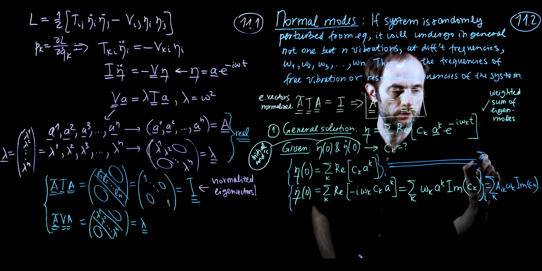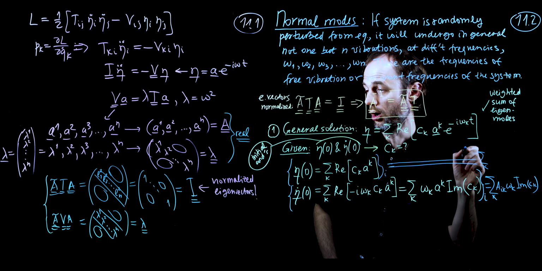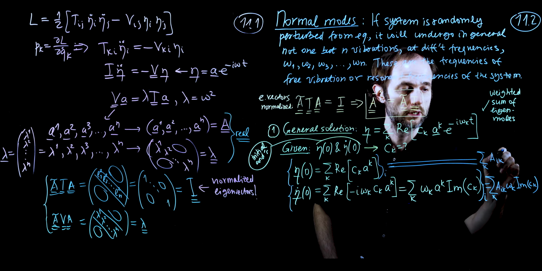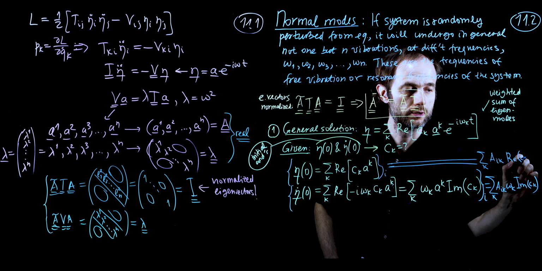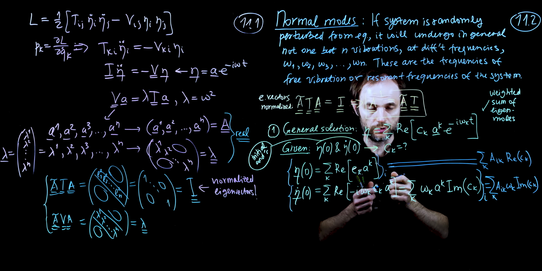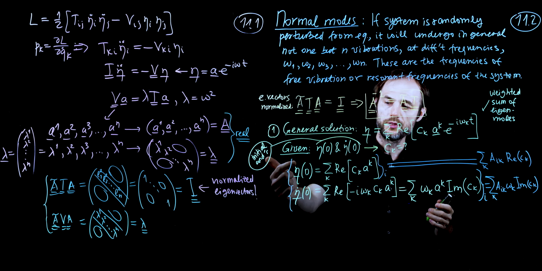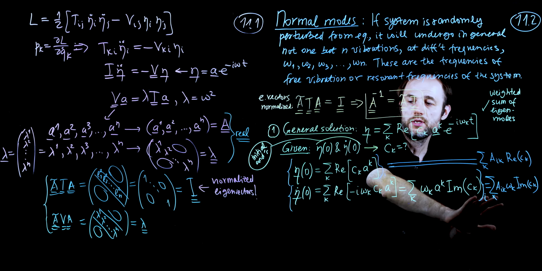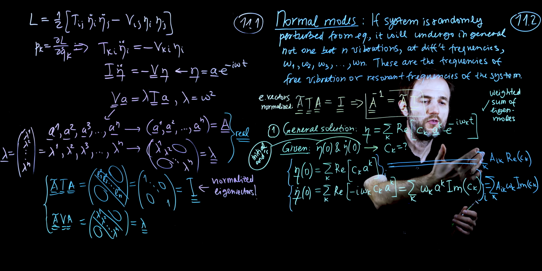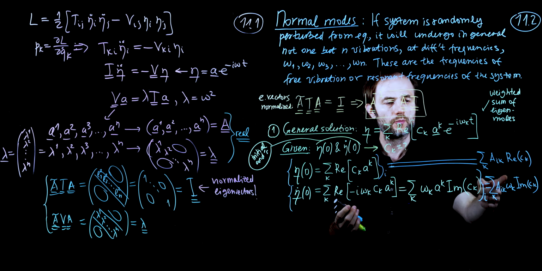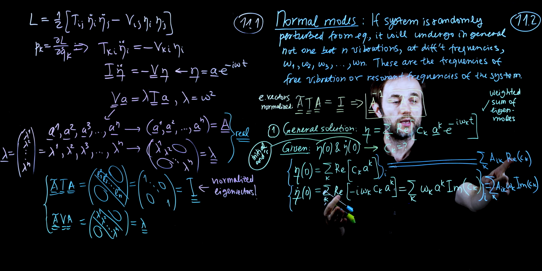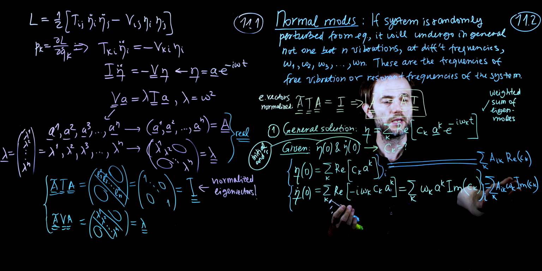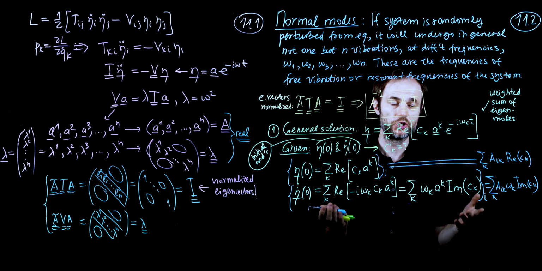This is going to be equal to the sum over k of a_ik times the real part of c_k. So you can see that the coordinate itself and the derivative of the coordinate itself look very similar. It's just that one of them is determined by the real parts of these magnitudes, or the prefactors, and the other one is determined by the imaginary parts.